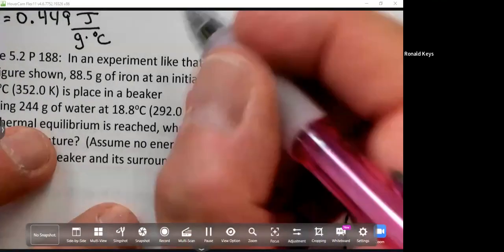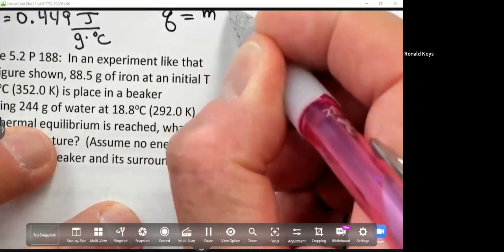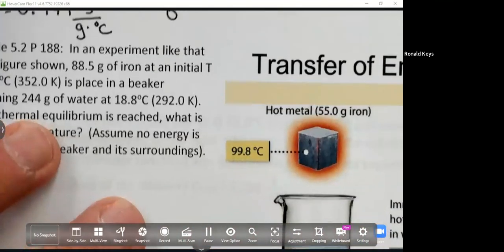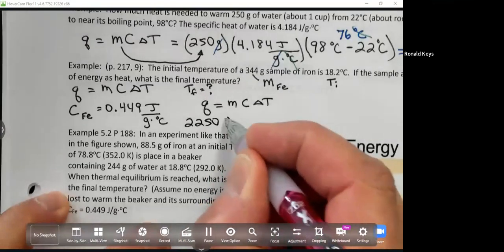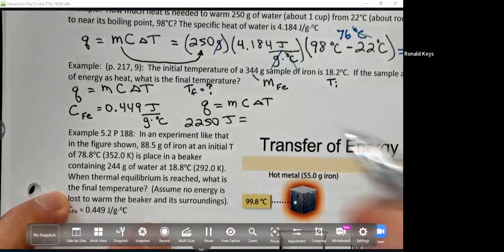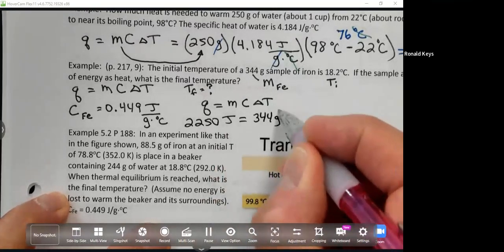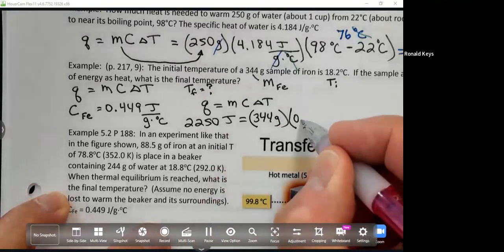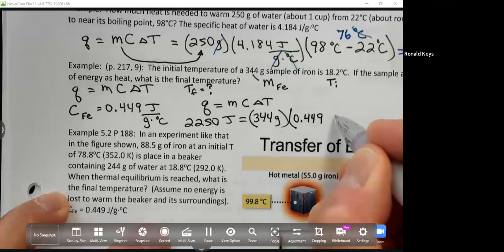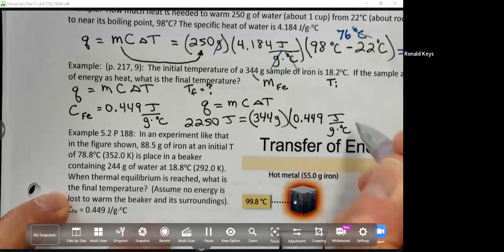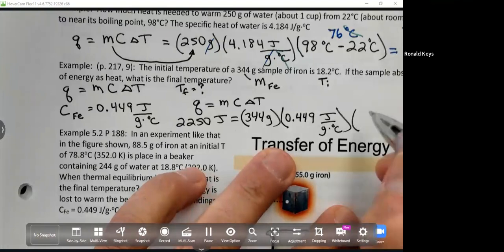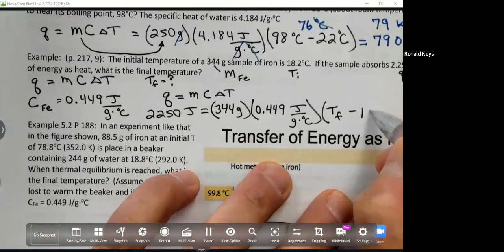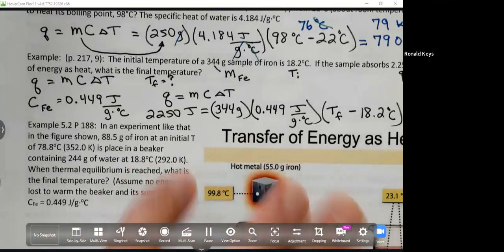We had Q equal to mc delta T. So we've got 2250 joules is equal to 344 grams times 0.449 joules per gram degree Celsius times T final minus T initial. It looks like this.